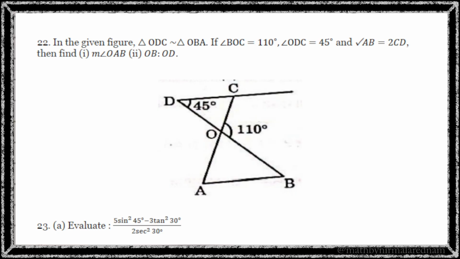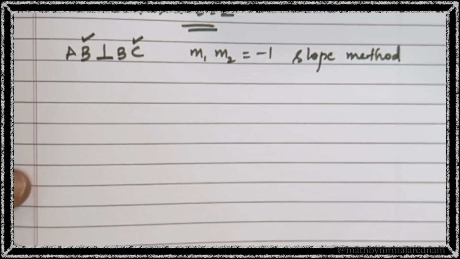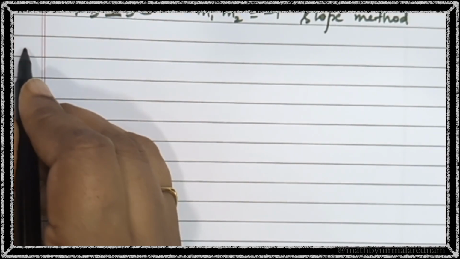AB is equal to twice of CD. Then find the angle OAB and also the ratio OB is to OD. Now let's draw the figure and then we'll proceed with the solution, right?